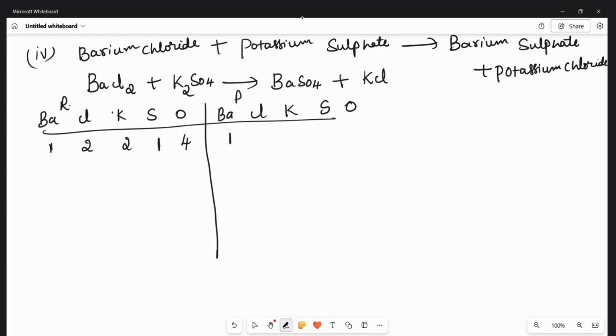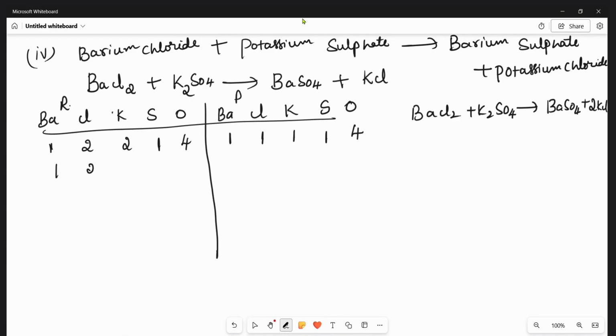Product side: 1 barium, 1 chlorine, 1 potassium, 1 sulfur, 4 oxygen. Here you have 2 potassium, here you have 1. So we can make it as 2 KCl. BaCl2 plus K2SO4. We get BaSO4 plus 2 KCl.